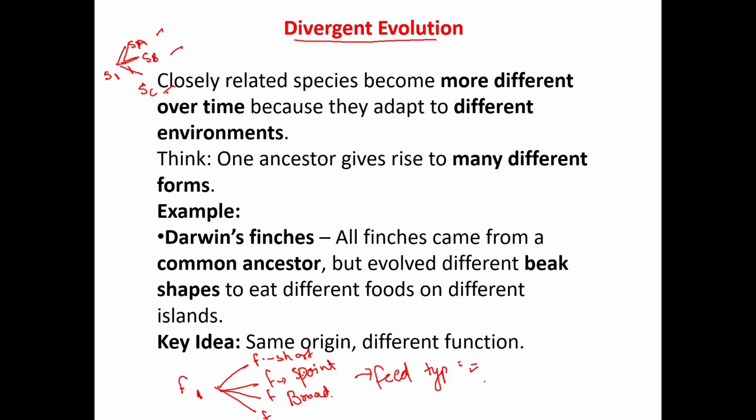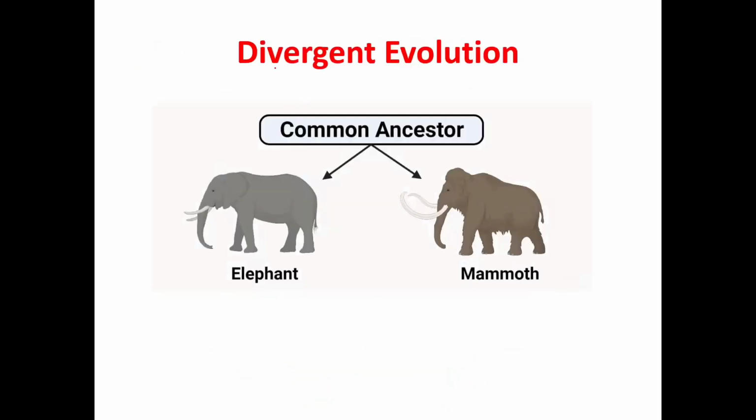Some birds eat fruit, seeds, insects, etc. This is an example of divergent evolution. Elephant and mammoth are different species and varieties, but share some common ancestry.